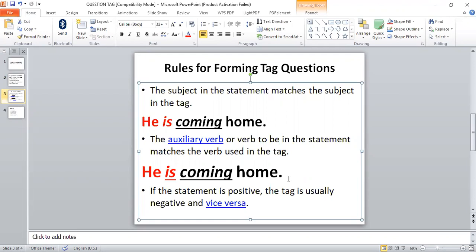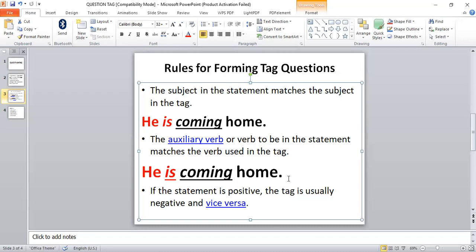Now, the second rule says that you bring in the auxiliary verb, note that, or the verb to be in the statement to match the verb used in the tag. So if you're going to form a question tag, you use the auxiliary verb that you have in your statement or in the sentence given.